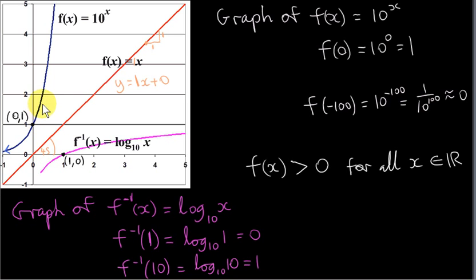If you take any point and reflect it through the line y equals x, you will reverse the coordinates of that point. And that's exactly what we want to do here to get our inverse function. We want to reverse the coordinates of a point. So if we get the image of 0, 1 under axial symmetry in the line y equals x, we end up at a point whose coordinates are 1, 0.